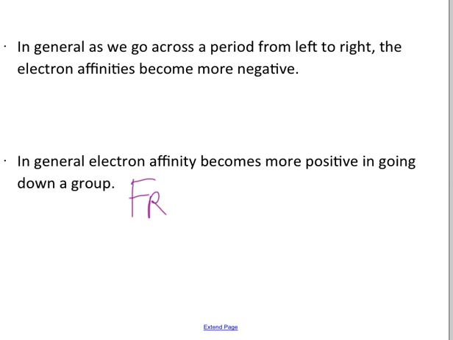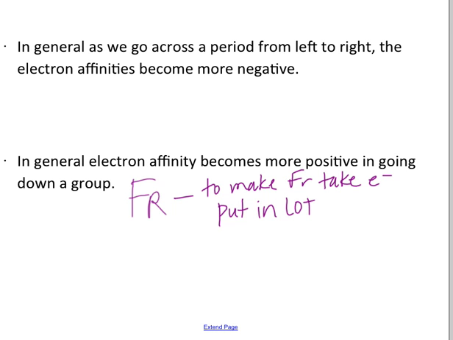No. It's huge. Barely any nuclear pull on its valence electrons. It doesn't want it. So what would you have to do to make it happen? You'd have to put in a ton of energy. So to make francium take an electron, we'd have to put in energy, lots of energy.